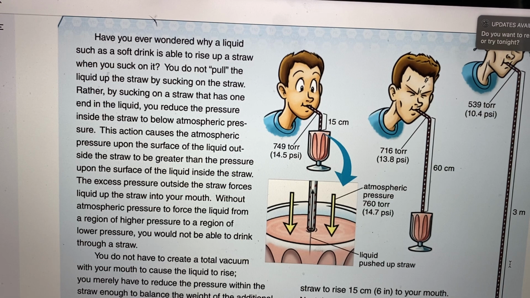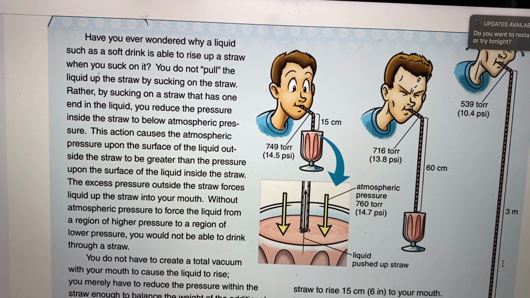And so the atmospheric pressure is then greater than the inside of the straw. So this forces the liquid up into your mouth. It's not a total vacuum, it just reduces the pressure enough, usually by 11 torr, so the beverage can reach your mouth, right? So see how it is.